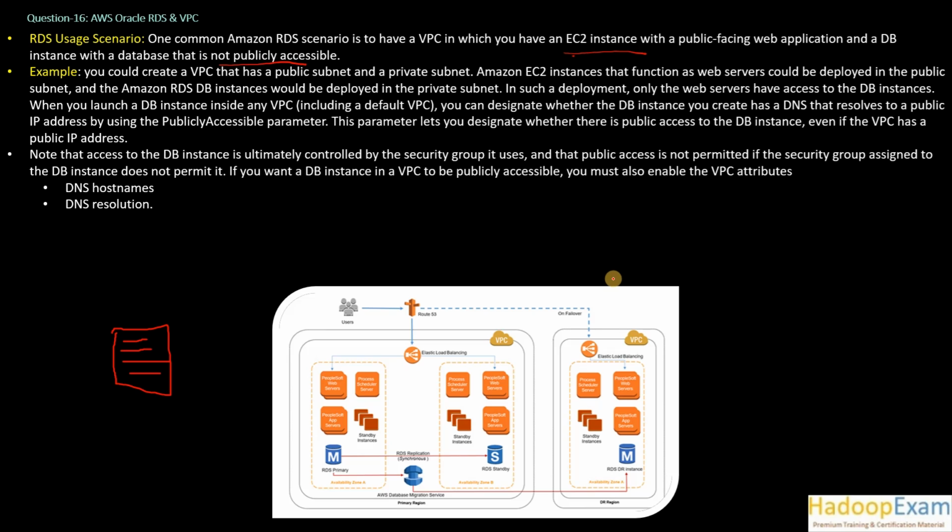When you launch a DB instance inside your VPC, whether it's a default VPC or your own created VPC, you can designate whether the DB instance you create has a DNS that resolves to a public IP address by using the publicly accessible parameter. There is one parameter called publicly accessible that you need to set. This parameter lets you designate whether there is public access to the DB instance even if the VPC has a public IP address.